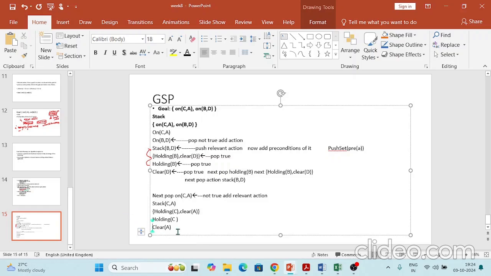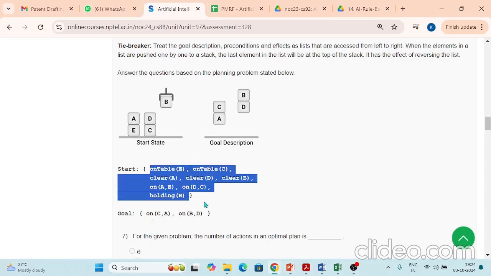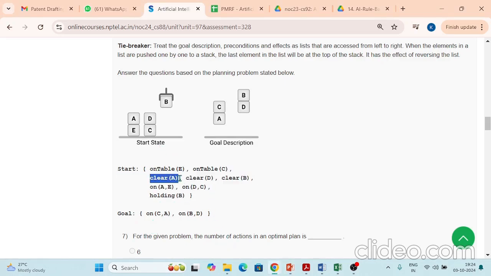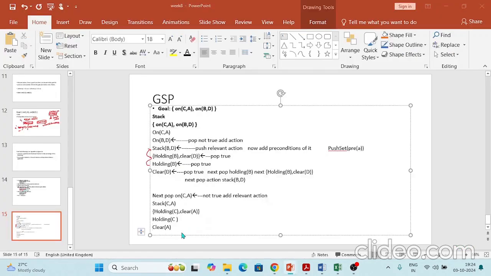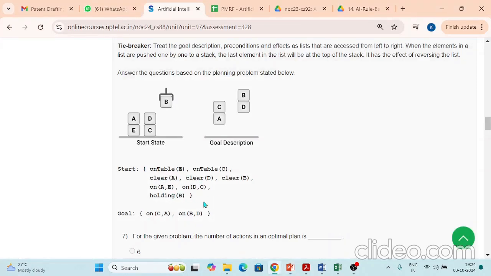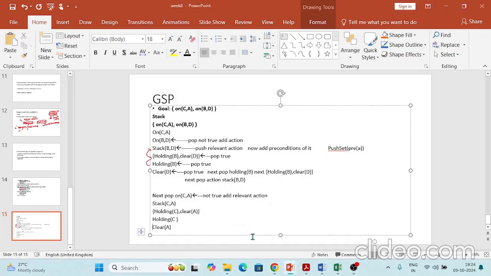Next you see whether clear A is there or not. Clear A is there.